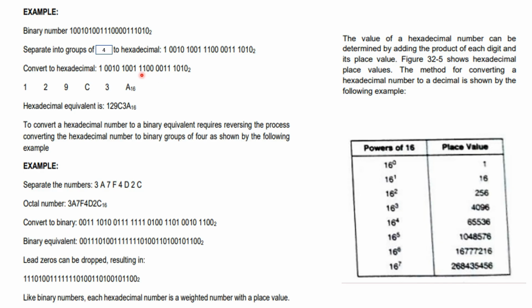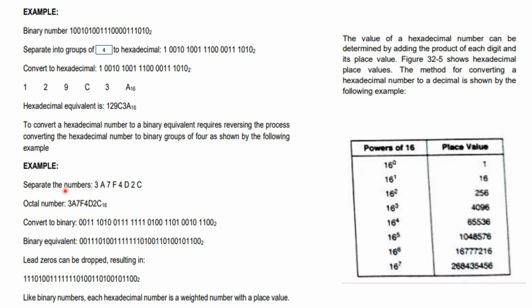Then this one, 1100, is 12 in decimal, but if you check the table for hexadecimal, it's C. Okay, and so on. Therefore, the hexadecimal equivalent is 129C3A.